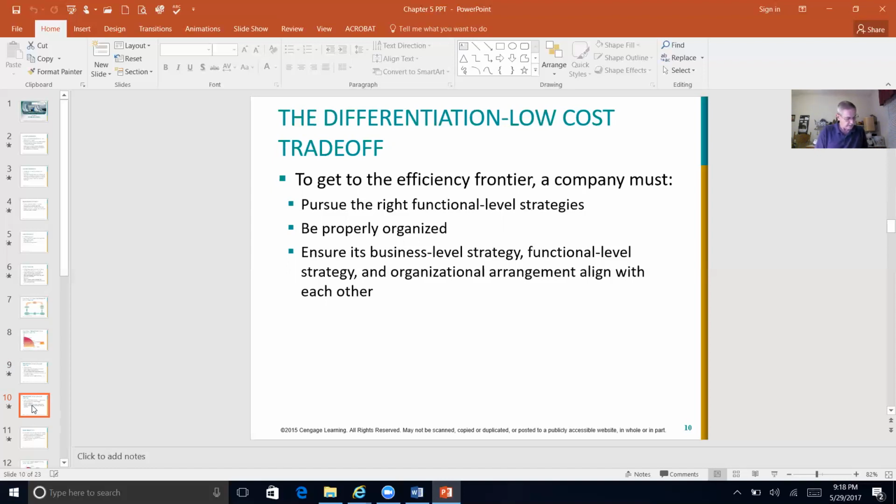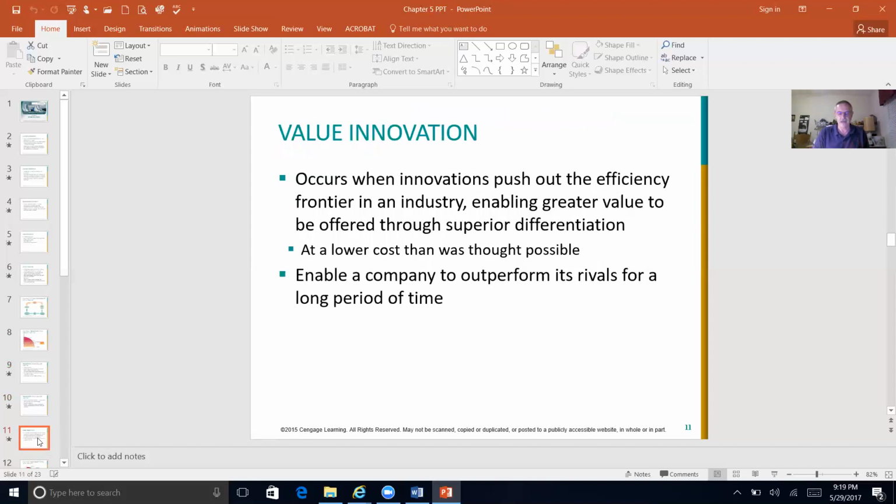And very quickly, functional level strategies from chapter 4, which you'll study when you get into Business 671, are really aimed at improving the effectiveness of a company's operations and its ability to attain superior efficiency, quality, innovation, and customer responsiveness, which are the 4 building blocks of competitive advantage. So you can start to see how some of this stuff is interrelated and how it ties back together. Hopefully you're connecting those dots.